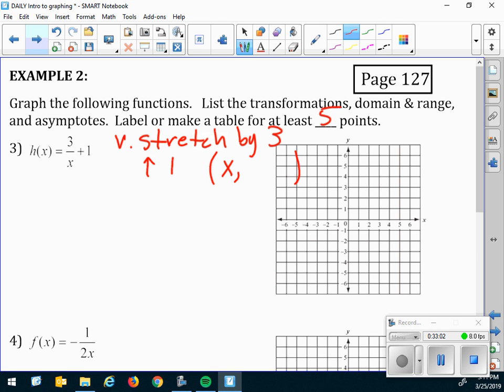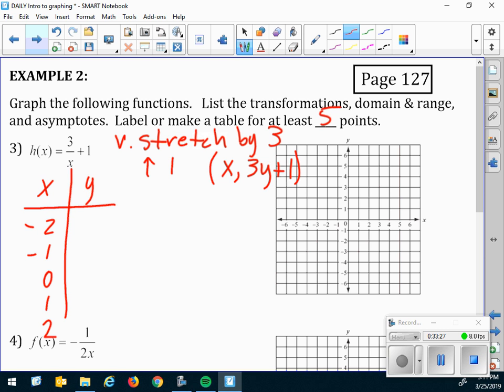How am I going to do the y value? 3y plus 1. Good. Go back to your table of values. The x values did not change, correct? Yes.